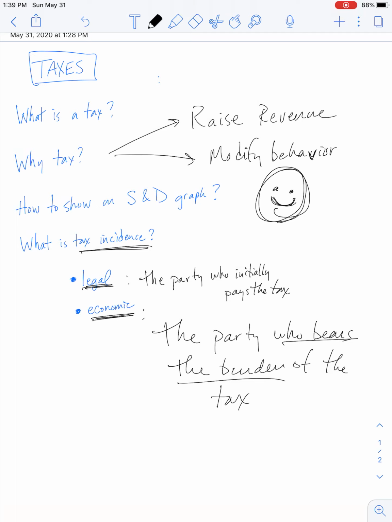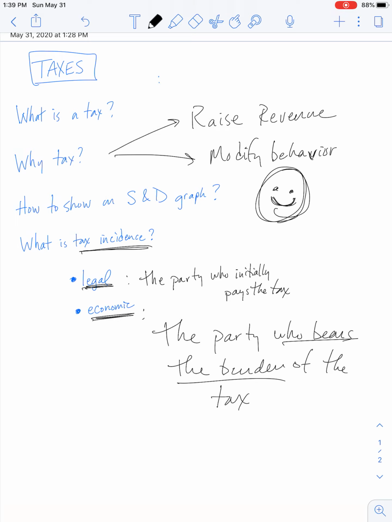Payroll taxes, Medicare, Social Security, that 7.65% of your wages that gets withheld for payroll taxes, that's actually paid by both. The worker pays 7.65% and the employer has to pay 7.65%.